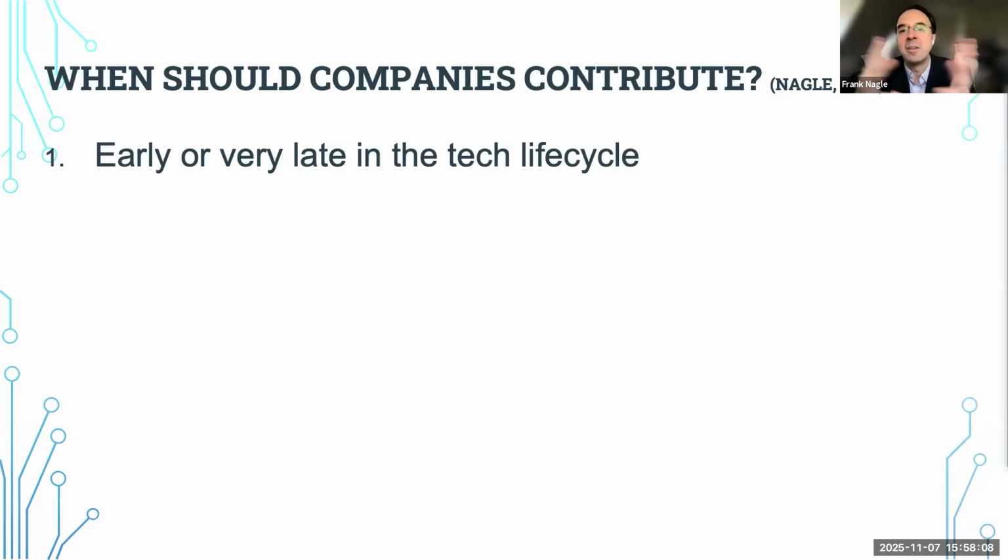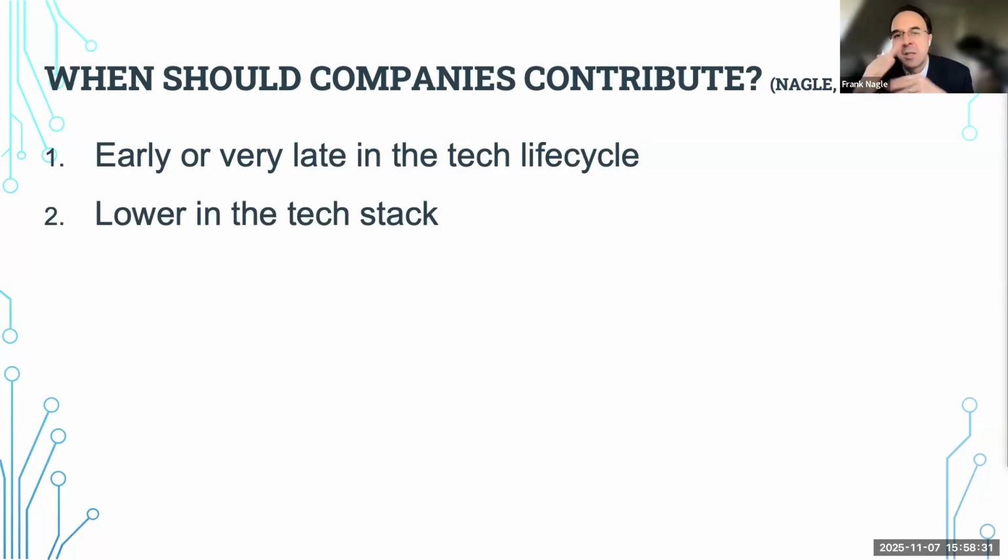But there are 5 characteristics we can think about for when it makes sense for companies to be more collaborative and contribute more. The first is if a technology, whatever it is you're working on, is very early or very late in the tech life cycle. Then we're going to see companies collaborating and contributing more, versus the middle of the tech life cycle, where we expect them to be more competitive.